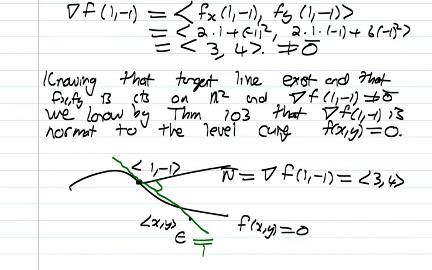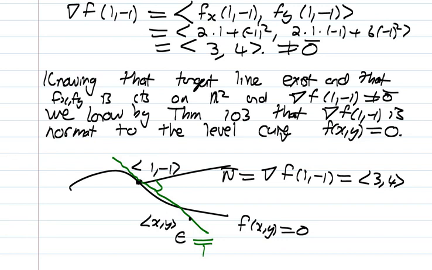So theorem 103 says that if you take the level curve f equal to naught, and remember it contains the point (1, -1), and the green line is the tangent line, n is the normal line, which means the black line, the n, the normal line, is perpendicular to the level curve f equal to naught. Which means that n is perpendicular to the tangent line.